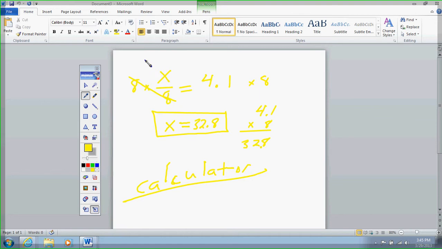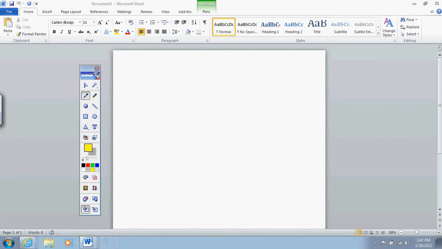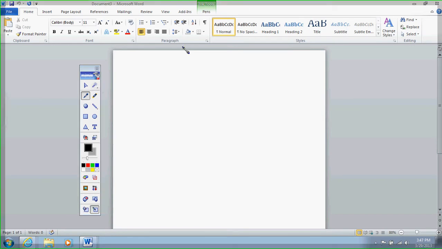What about a word problem where you have to make the equation and then you have to solve the equation? Here's one. Nick made a 90 on this week's math test.